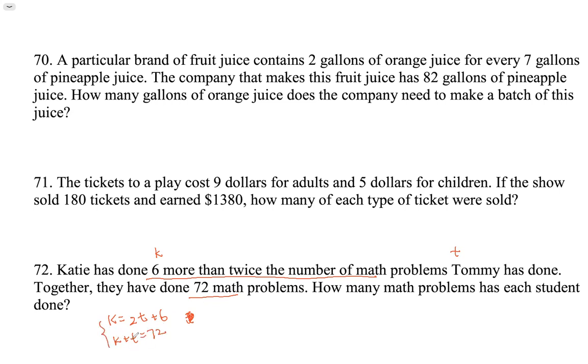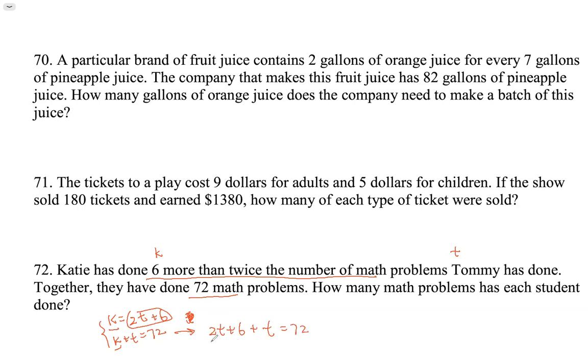So we have this system of equations. And I have showed you elimination method, but this one I'm going to do substitution because the K is already here. So I just have to substitute this K into this, right? So I'm changing the second equation, writing K as 2T plus 6, then plus T equals 72.